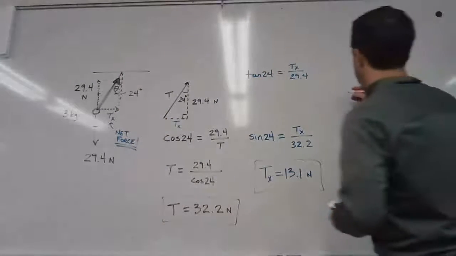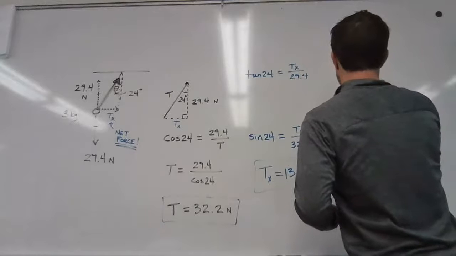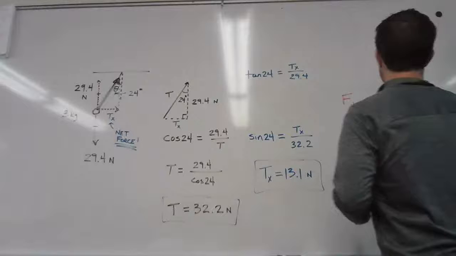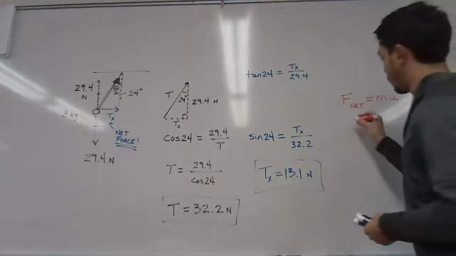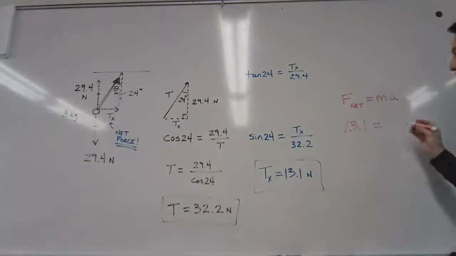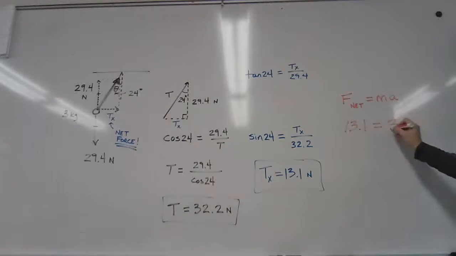So if I write my famous F net equals ma, and the net force is 13.1, what was the mass? 3. I can get the acceleration. So it turns out 4.37-ish.